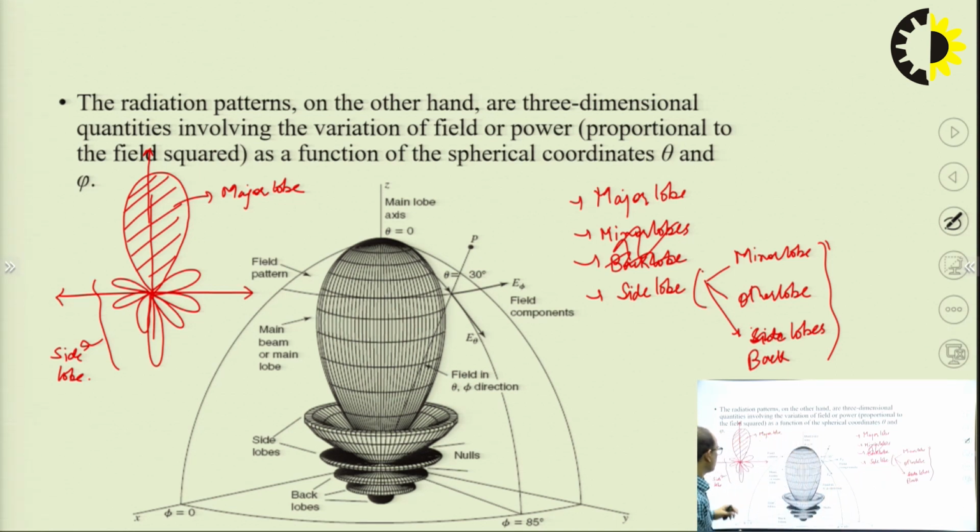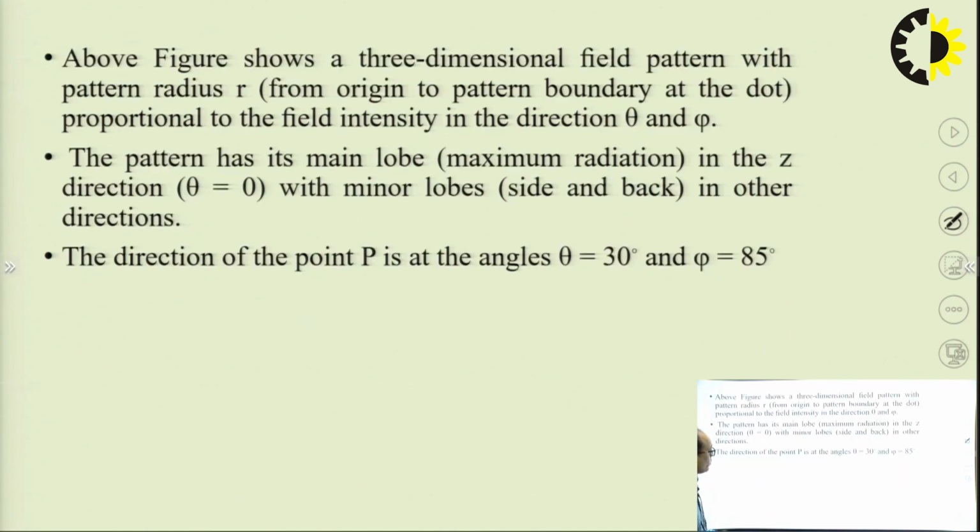The lobe next to the major lobe in intensity level is known as the minor lobe, the lobe opposite to the major lobe is known as the back lobe, and the rest are known as the other lobes, or you can also say that these are the side lobes. Clear?